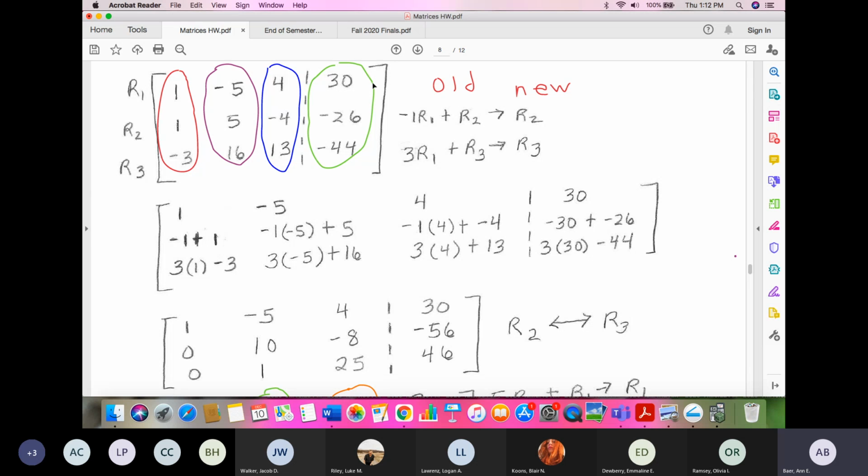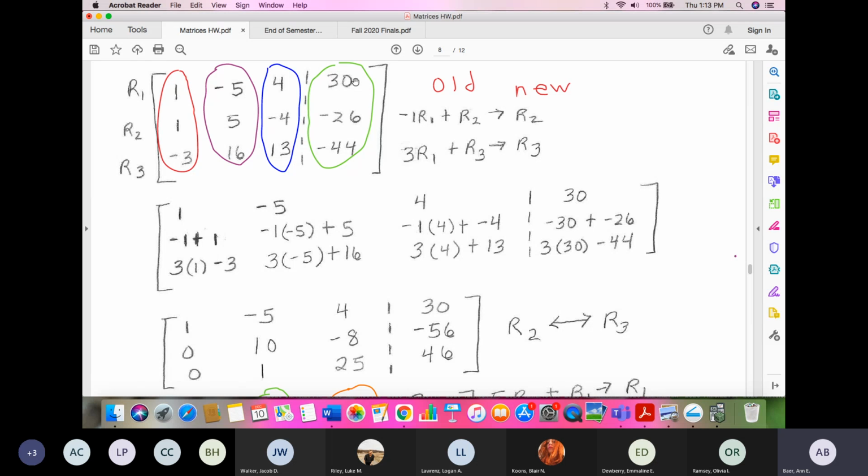And then we move along to this green column, if you will. And we do the same process, -1. And this is going into the second row. So I'm just double checking to make sure I'm putting things into the correct rows. So we are using this, -1, negative, row 1.